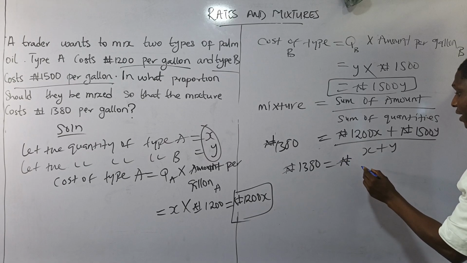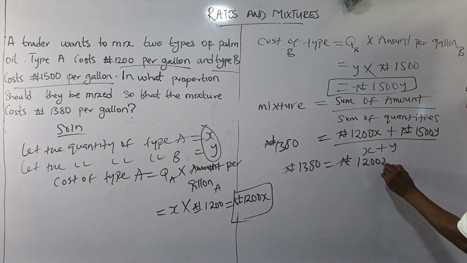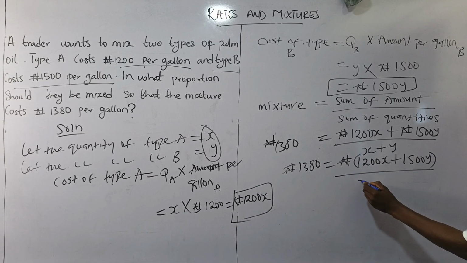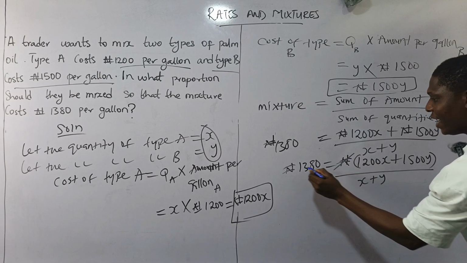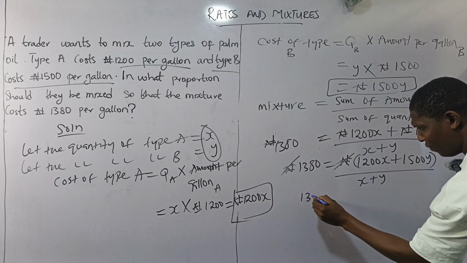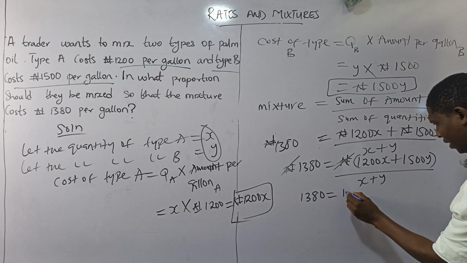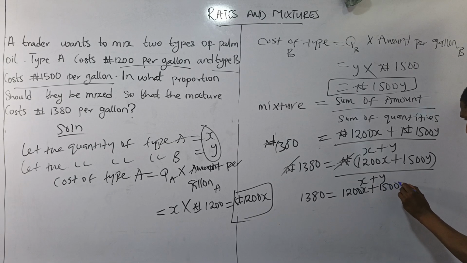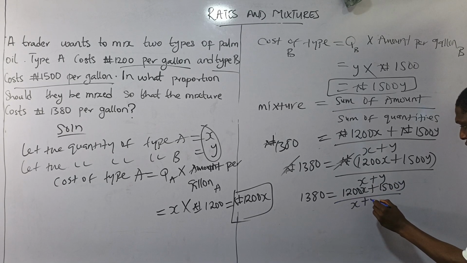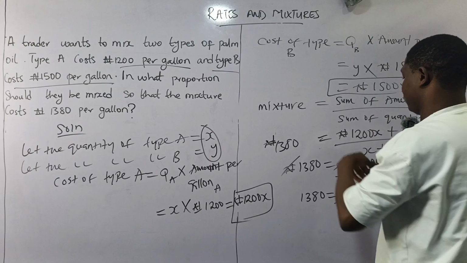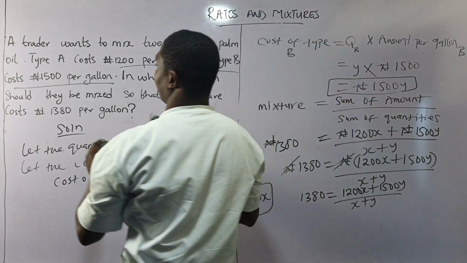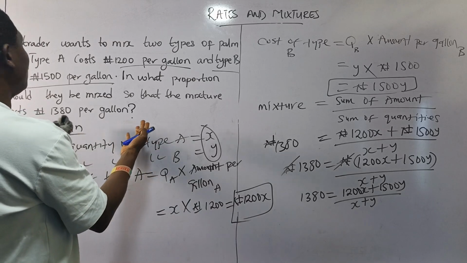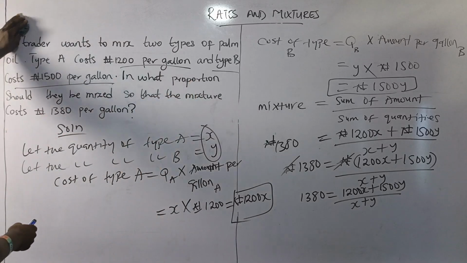I can bring my naira out and I'll have 1,200x plus 1,500y in brackets all over x plus y. So my naira cancels naira. I therefore have 1,380 equals 1,200x plus 1,500y all over x plus y. Remember, we are finding the values of x and y now, which are the proportion in which they will be mixed.